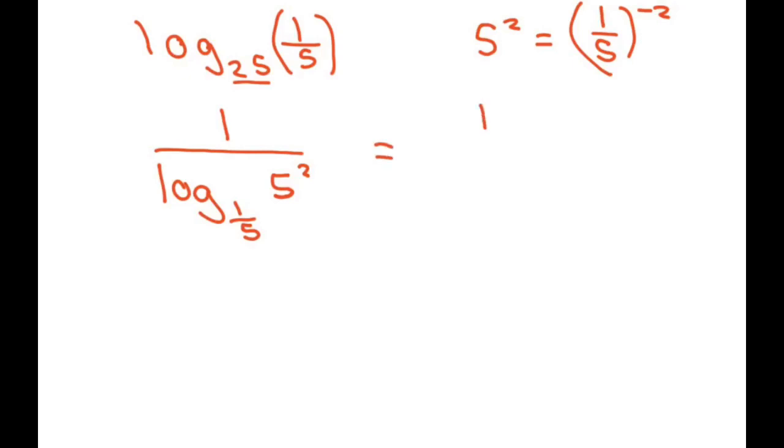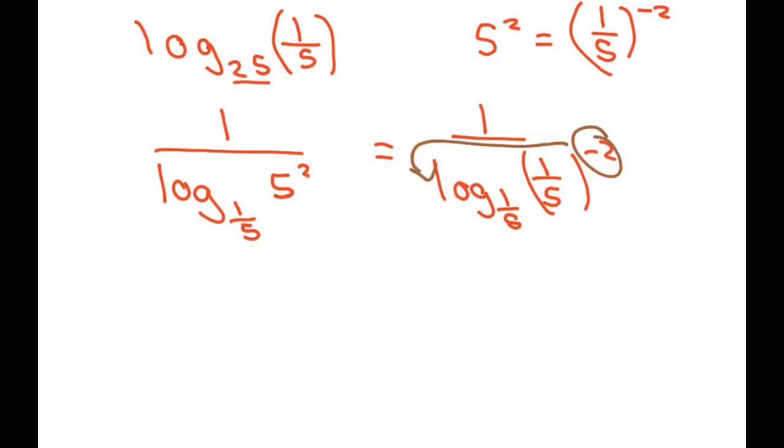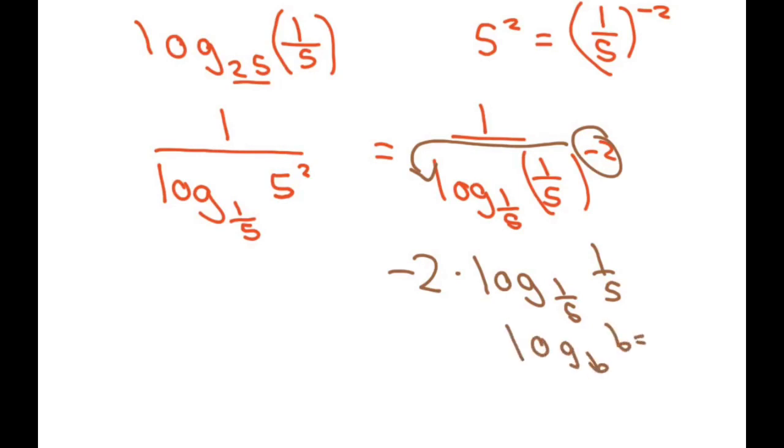So that's what I'm going to write. 1 over log base 1/5 of 1/5 to the -2 power. Now use your power property. So you get -2 times log base 1/5 of 1/5. And we want these to be the same. Log base of a base equals 1. So that just equals 1. So my answer is -2.